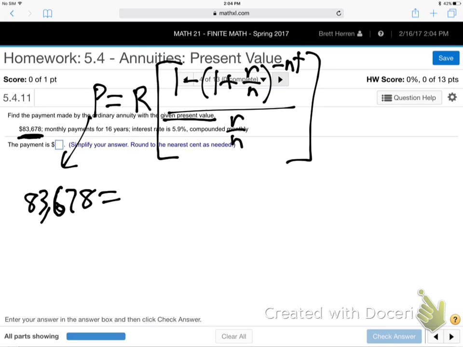You're going to take that and figure out what payments are needed to pay off that house in 16 years at 5.9% compounded monthly. So this is just like monthly payments for 16 years to pay back an $83,000 house. This is exactly how they figure these out. There are online formulas that do all that. This is them. So give this one a try.